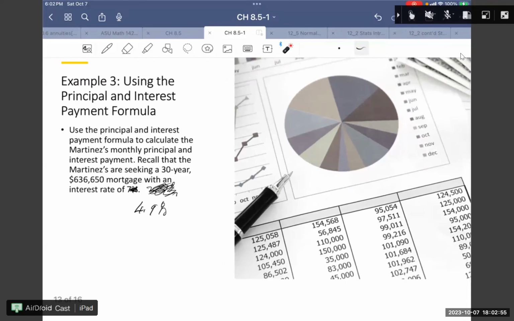So we have an example using the principal interest formula. Use the principal interest payment formula to calculate the monthly principal and interest payment for a mortgage in 30 years, at this amount of money and 4.9%.